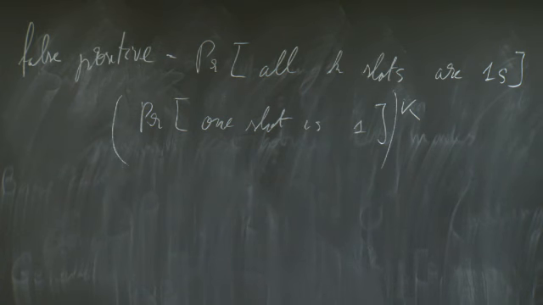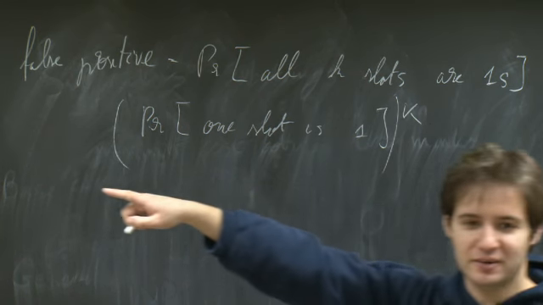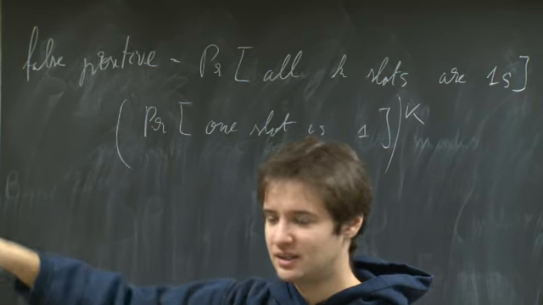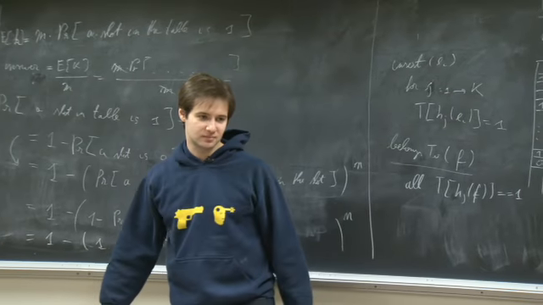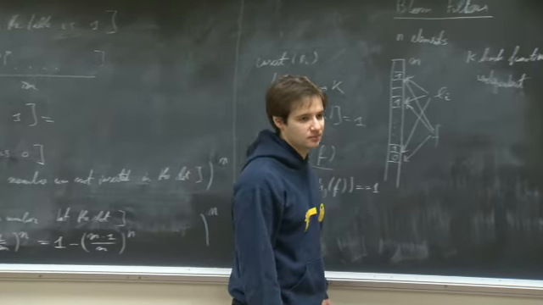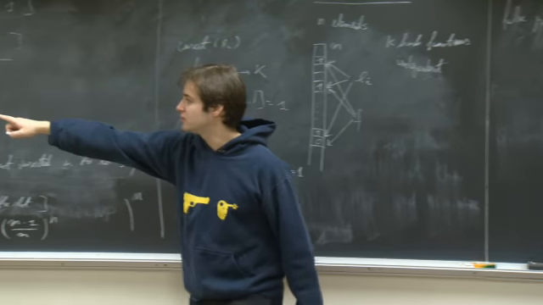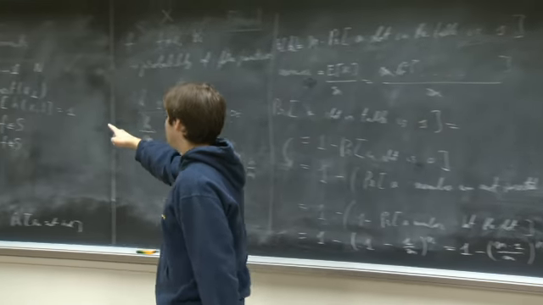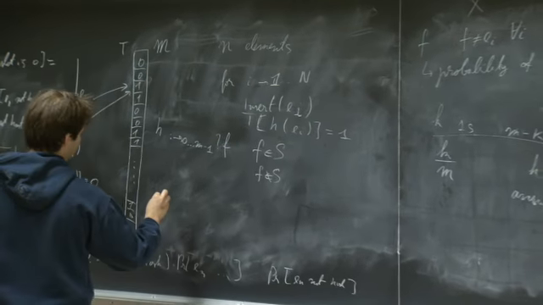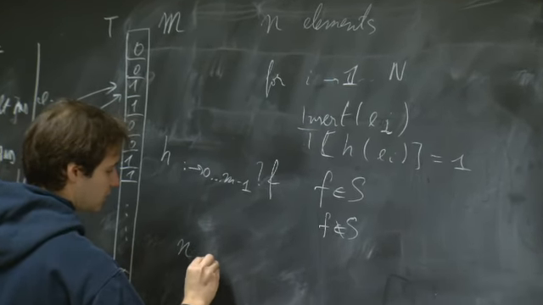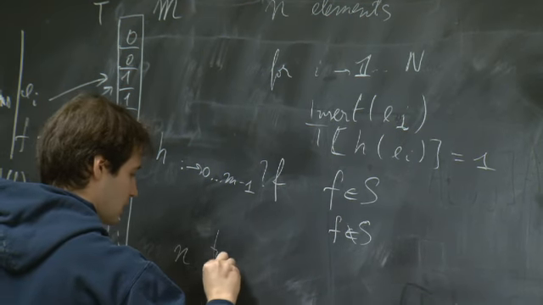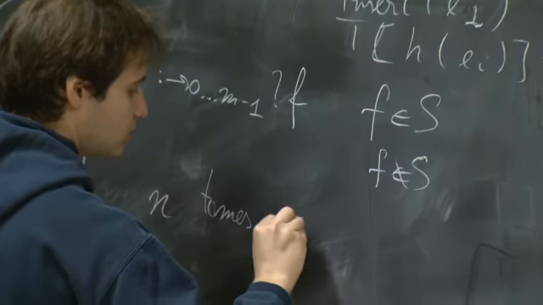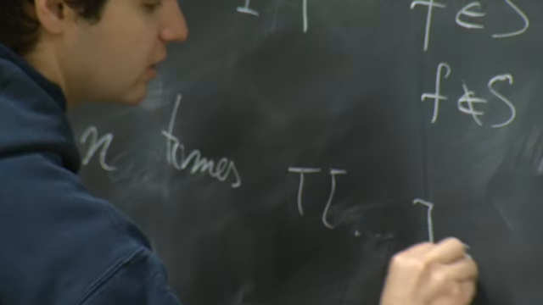Now what's the probability that one slot is a 1? It looks a lot like this problem, right? Except there's a tweak. How many times did we put a 1 in the table? Here we put a 1 in the table for every element. So we have n sets. n times we're going to set t of something to 1.